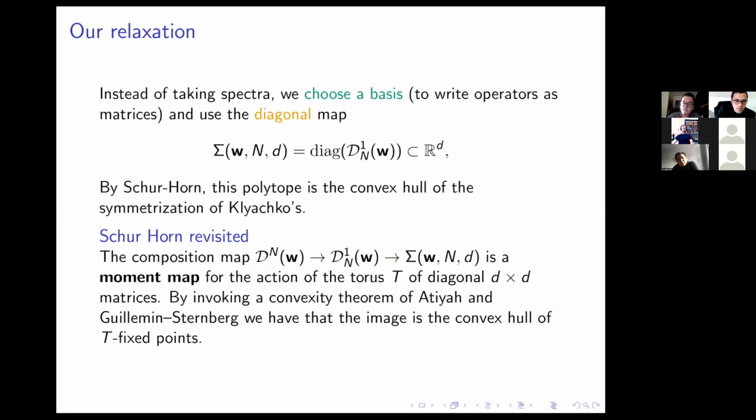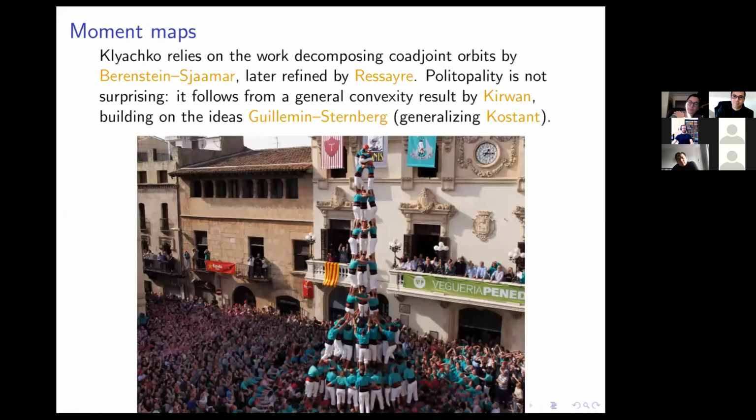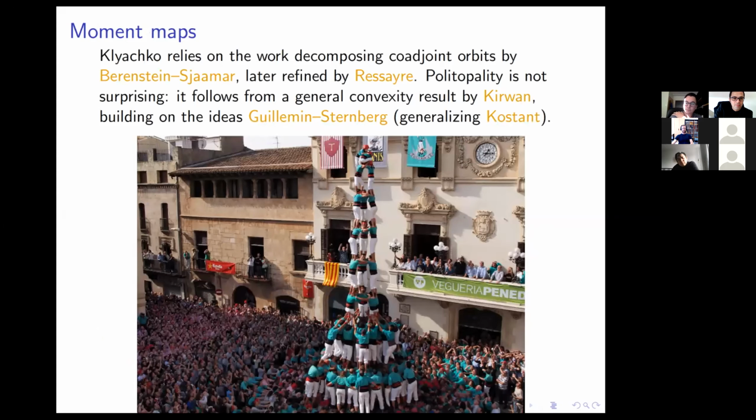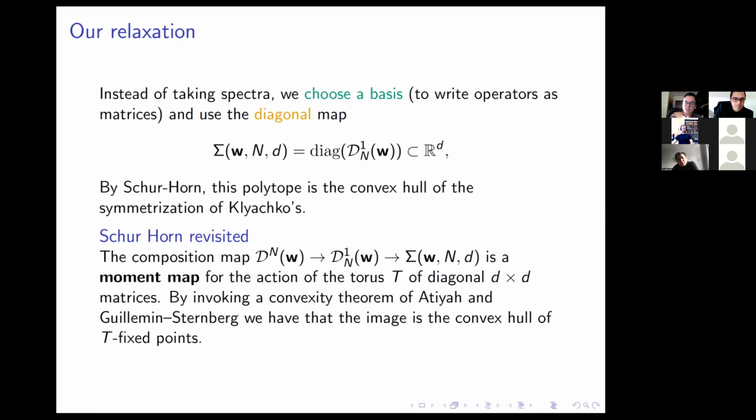Yes, here you mentioned that for this Schur-Horn theorem, not that one, the next one. Here, you mentioned that you use one convexity theorem by Atiyah and Guillemin in December. Could you mention some details about this theorem, or what this theorem says?